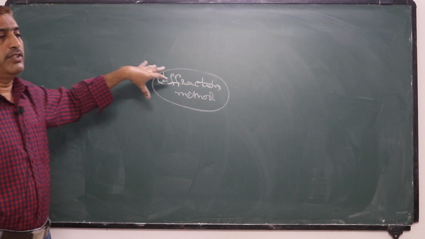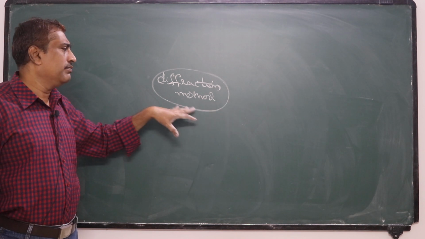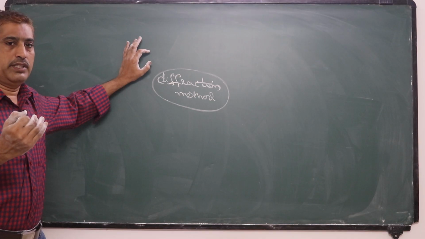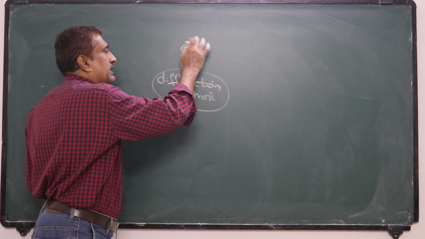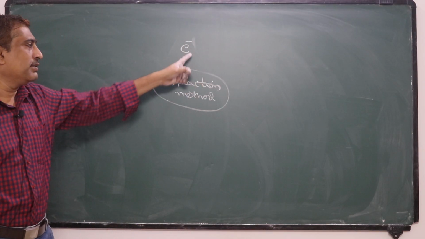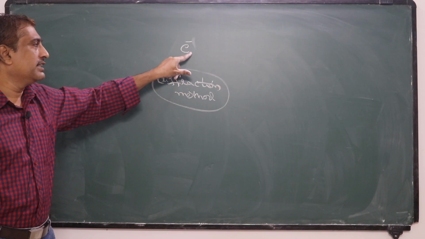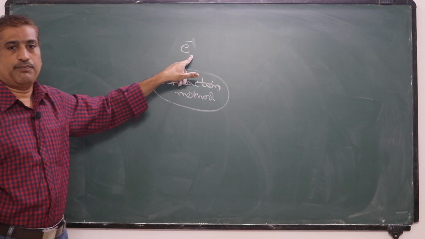This Davisson-Germer experiment is not in our syllabus, so I am briefly explaining that by the diffraction method they showed that the electron beam exhibits diffraction. That means electrons possess wave nature. In that way they explained the existence of electron waves.